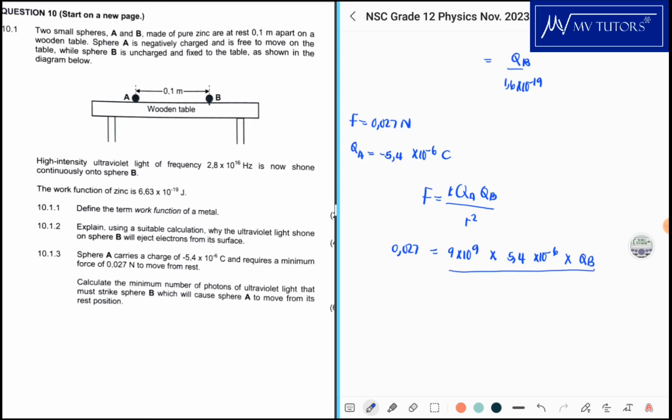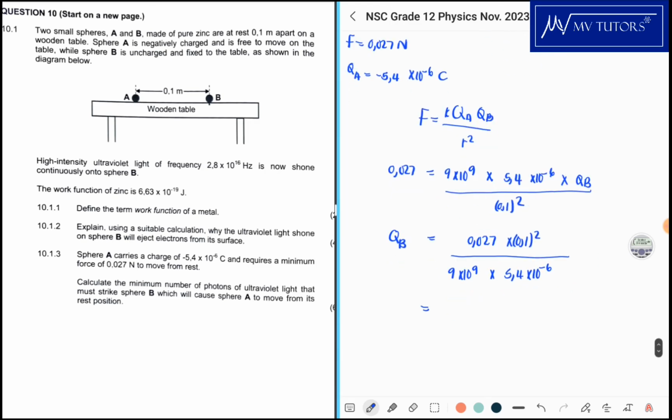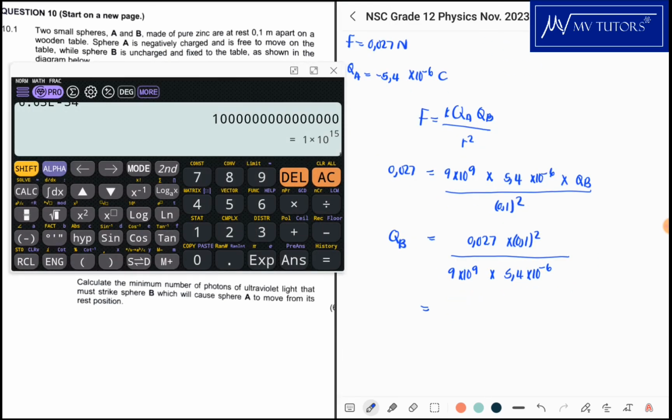And the distance is 0.1. And all of that is squared. Okay, so our unknown is the charge on B. So what we're going to have is 0.027 times 0.1 squared. And then we're going to divide by 9 times 10 to the 9 times 5.4 times 10 to the negative 6. So let us see what this charge is.